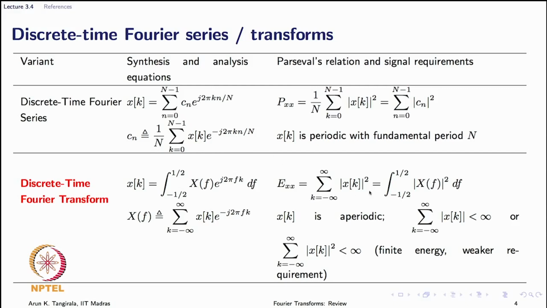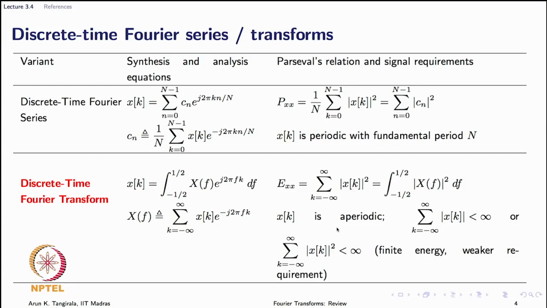And moving on to Parseval's relations, we have the energy spectral decomposition as expected: the area under magnitude square of X of f gives me the total energy of the signal, and therefore modulus X of f square acquires the interpretation of an energy spectral density.